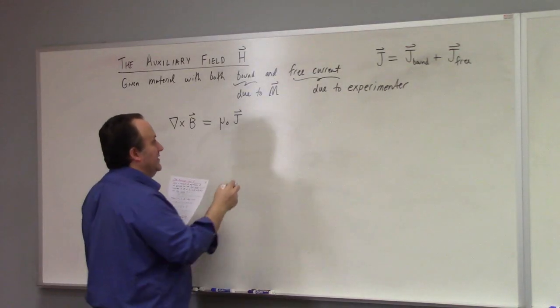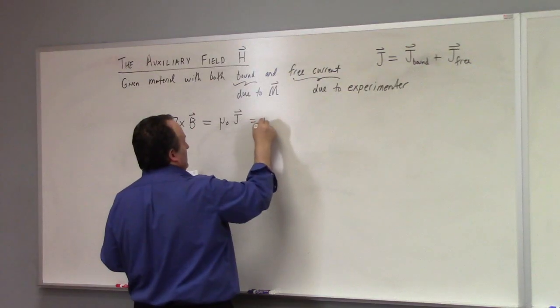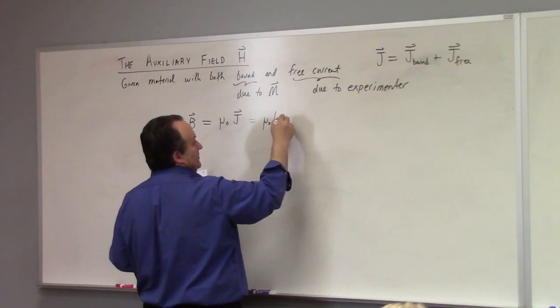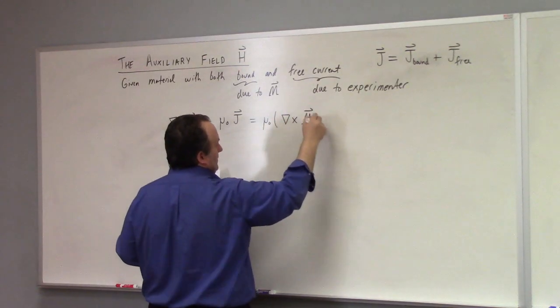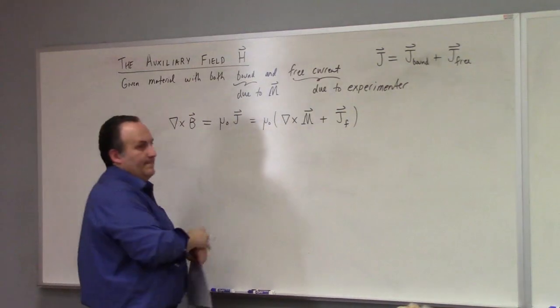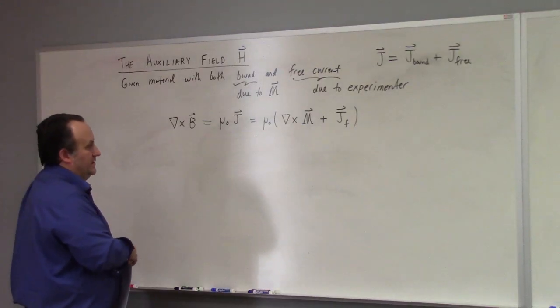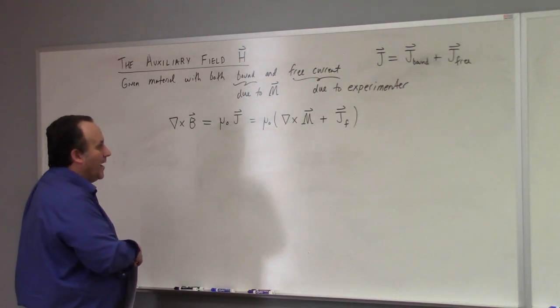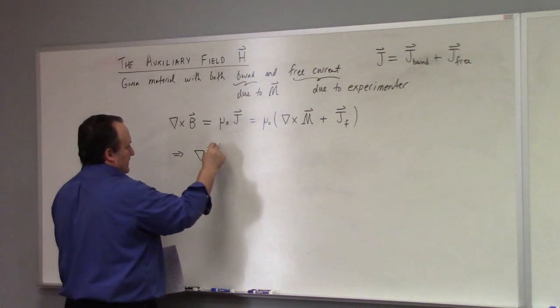But this is actually mu naught times what? Now J bound is the curl of the magnetization, plus the free current. So this suggests that the curl of what?